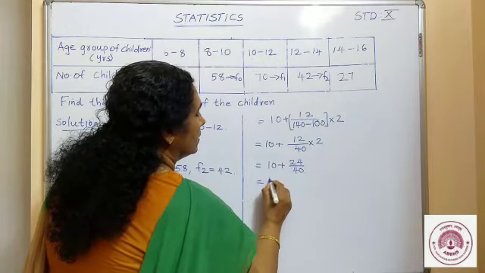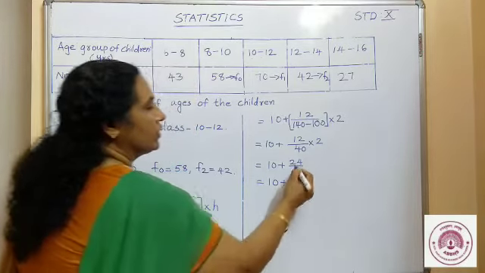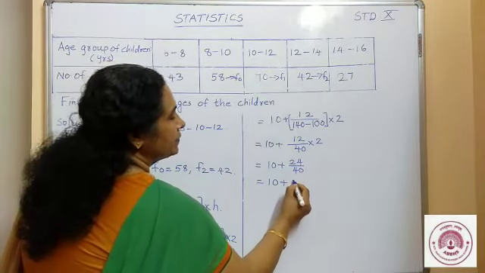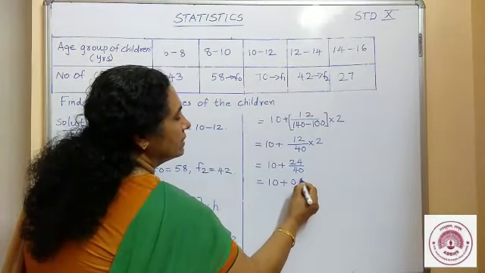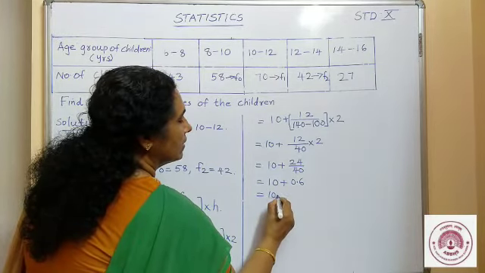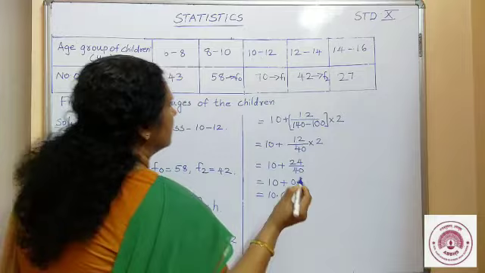Is equal to 10 plus 24 divided by 40, that is 0.6, is equal to 10.6.